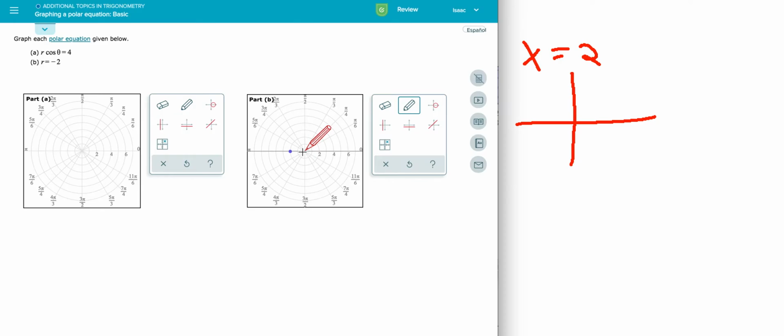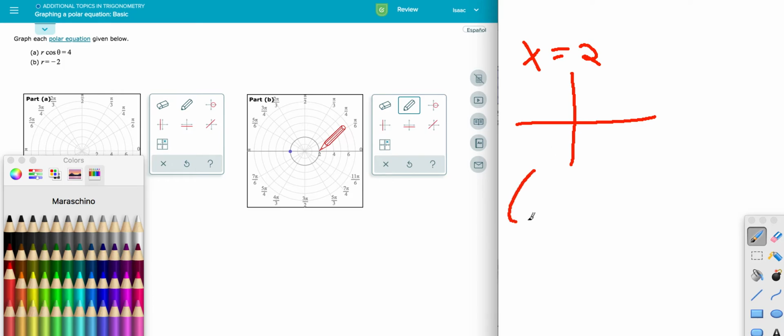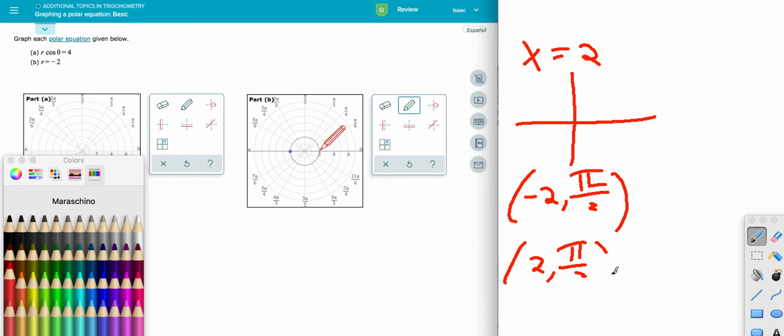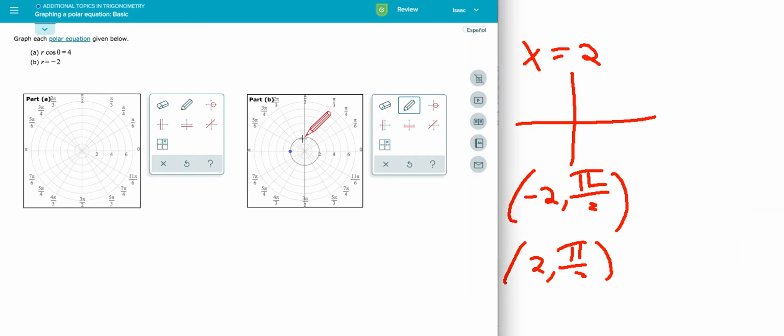If theta is pi over 2, then r should still equal -2. So if we have (-2, pi over 2), well, (2, pi over 2) would look like this. It would be a dot right here, 2 away from the origin, and then pi over 2. See how ALEKS has it up here. Pi over 2 is the angle, but -2 for the radius just means you go in the opposite direction, so put a dot there.